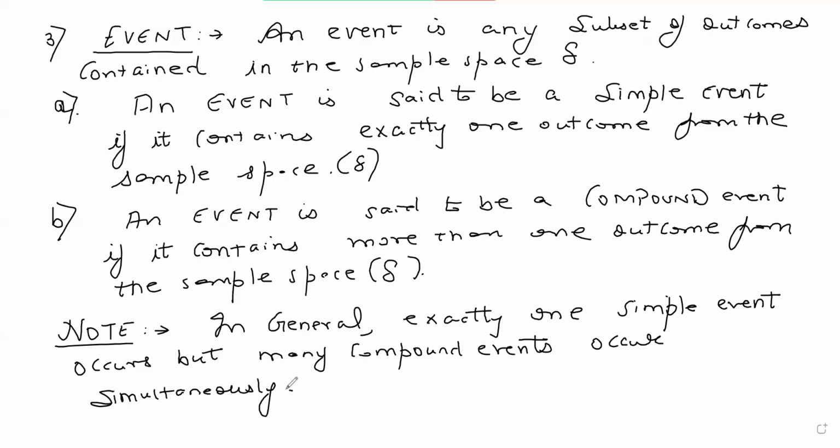That means in reality, only one event will occur, but along with that, multiple compound events can occur simultaneously. Let's understand this by taking an example.